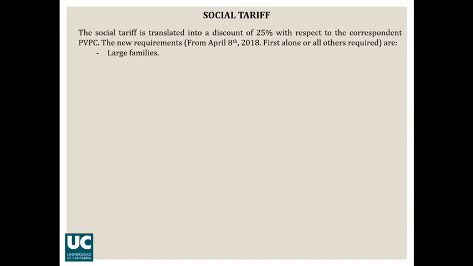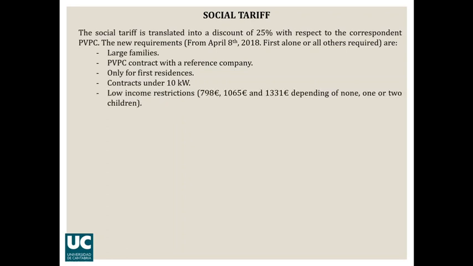The first one is to have a large family. The second one is that we have a contract with a reference company. That social tariff can only be applied to first residences and to contracts under 10 kilowatts of installed power. There are also low-income restrictions, where the quantity of those restrictions depends on the children in a particular family.